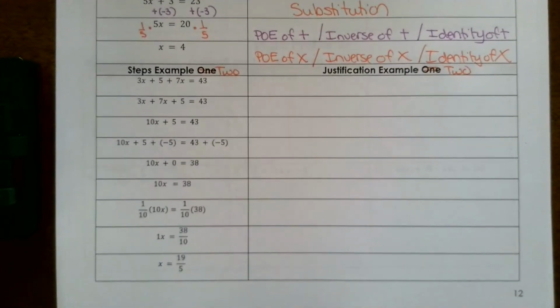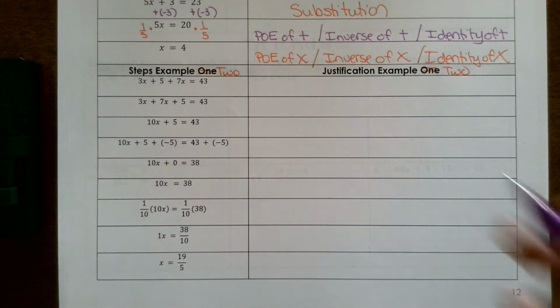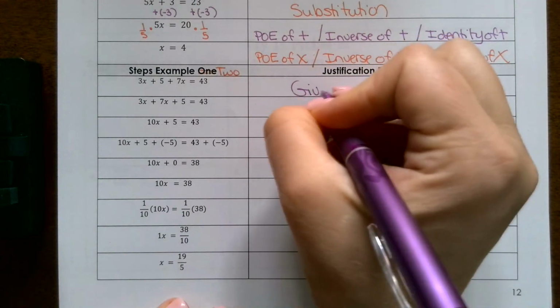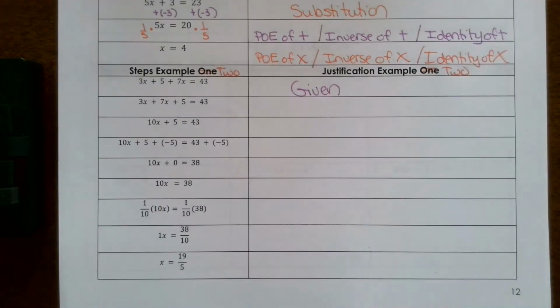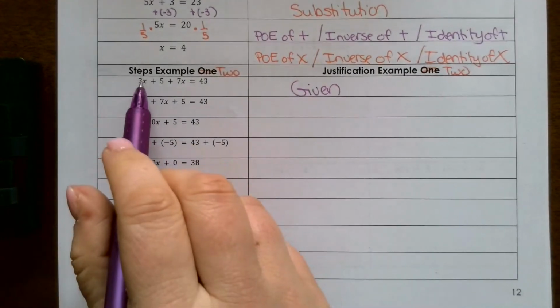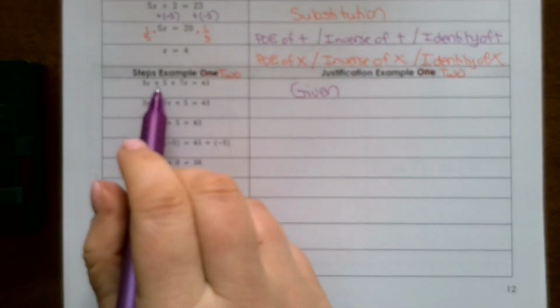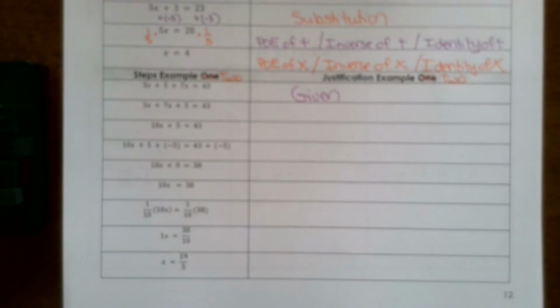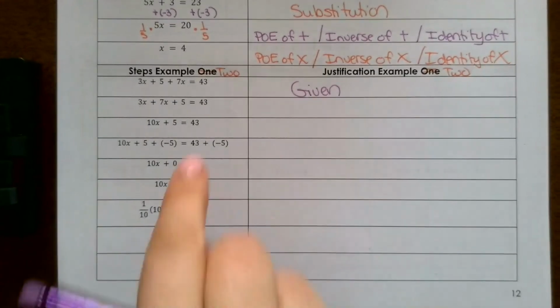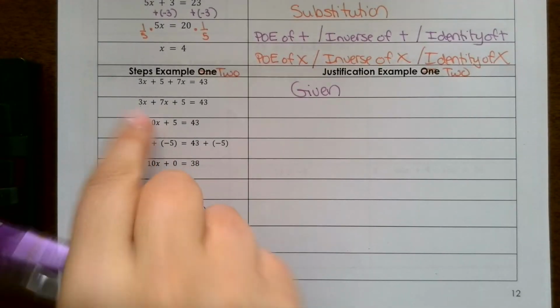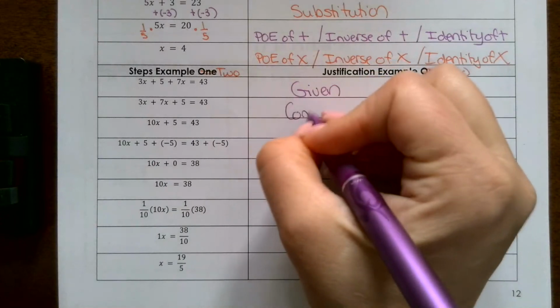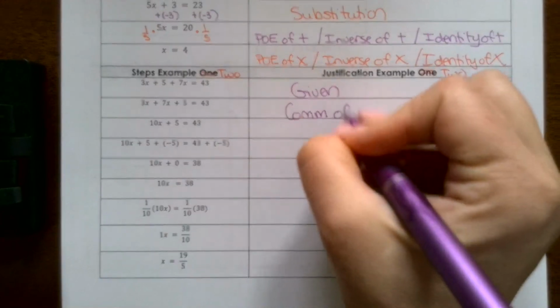Our first step, well, this is the one they gave. This is given. My first step is going to be given. If I think about going from line 1 to line 2, I can see that the 7x has been moved, or it has commuted, before the number 5. So this is the commutative property of addition.